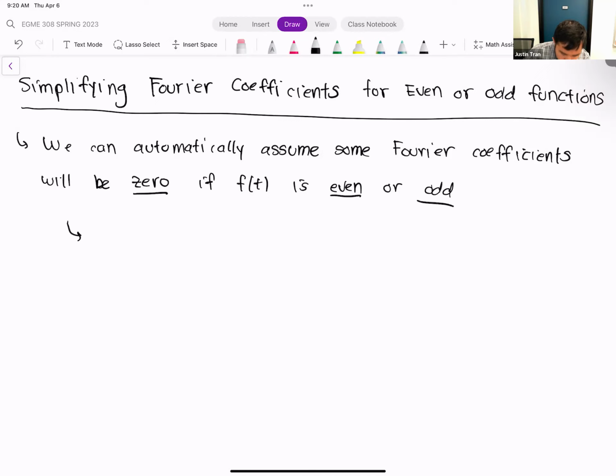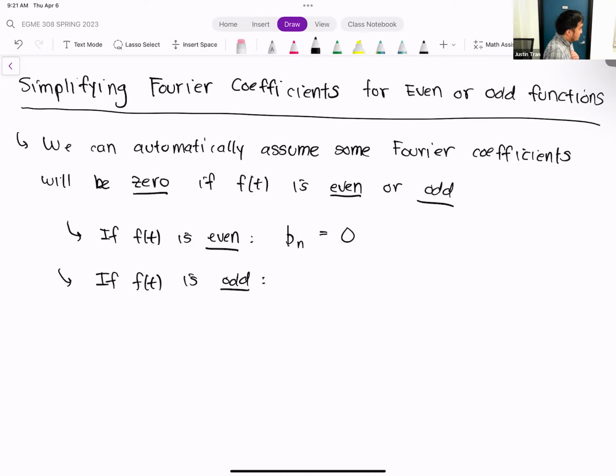The rules go like this. If f of t is even, then b_n is going to equal 0. And if f of t is odd, that means a0 is equal to 0, and a_n is 0 as well. Okay. So you can automatically assume this.